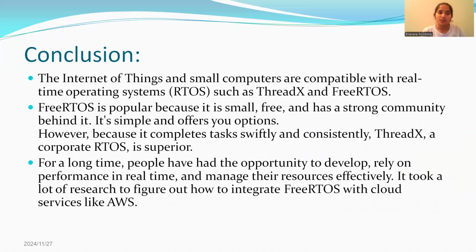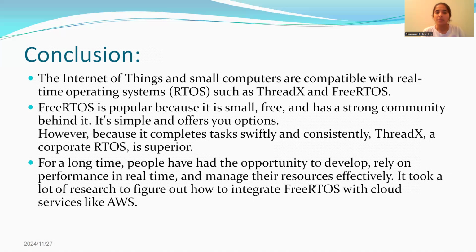Let's go to the conclusion. The Internet of Things and small computers are compatible with real-time operating systems such as ThreadX and FreeRTOS. FreeRTOS is popular because it is small, free, and has a strong community behind it. It is simple and offers you options. However, because it completes tasks swiftly and consistently, ThreadX, a corporate RTOS, is superior.